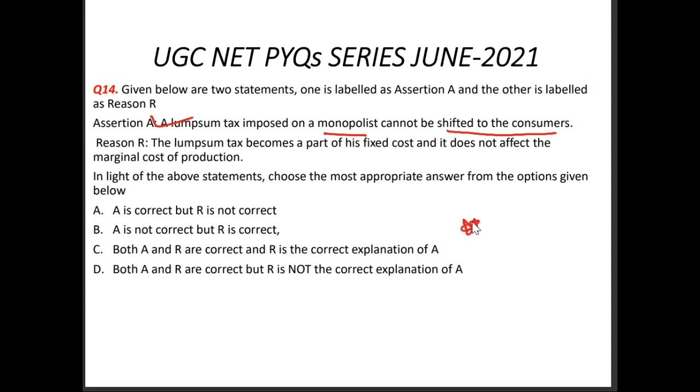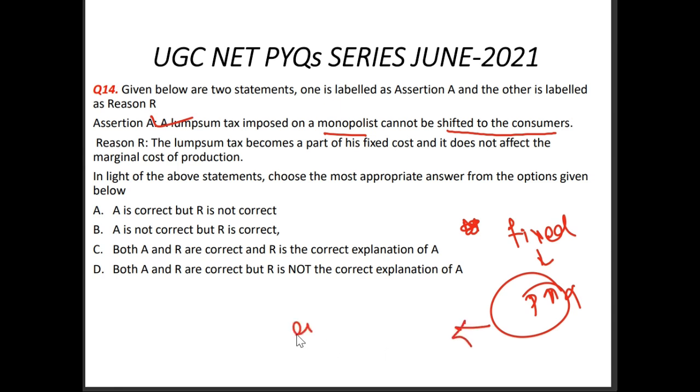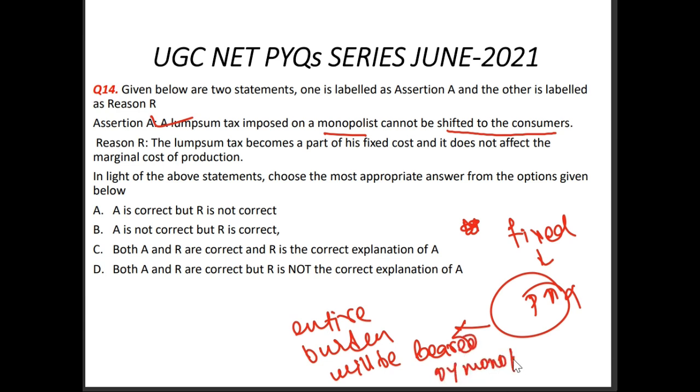if a lump sum tax is imposed, that tax becomes a part of fixed cost. If it becomes part of fixed cost, the monopolist will not be able to increase the price, and the entire burden will be borne by the monopoly. So a lump sum tax becomes a part of its fixed cost and it does not affect the marginal cost of production.